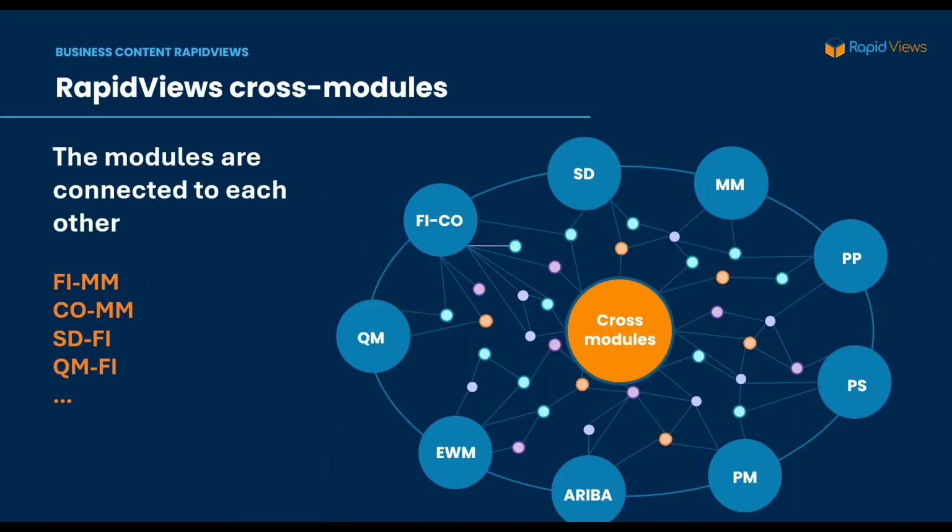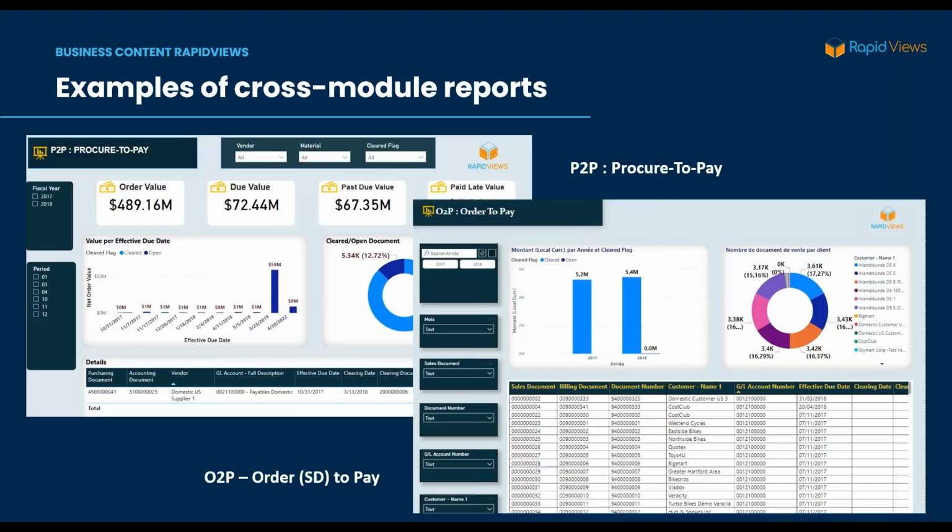And around that, we are also providing what we call cross-module data marts. If typically you want to build some advanced reports, if you want to mix information between finance and material management, or sales and finance, or quality management and finance, we provide these predefined kinds of cubes, right, data marts, that allow you to do this kind of advanced report.